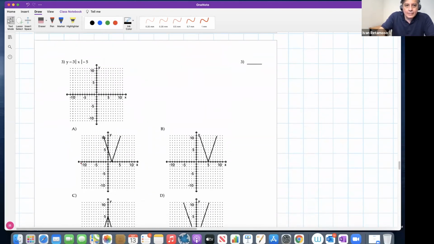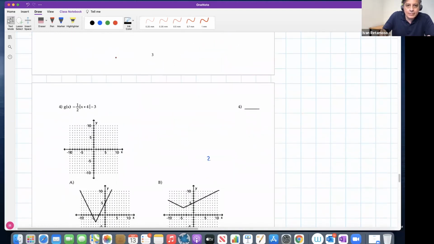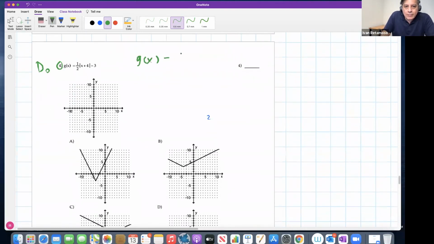Excellent. Let's see if we can do one more. This one is straightforward. Let's finish up with this. Try this. g of x equals 1/2 of x plus 4 minus 3.